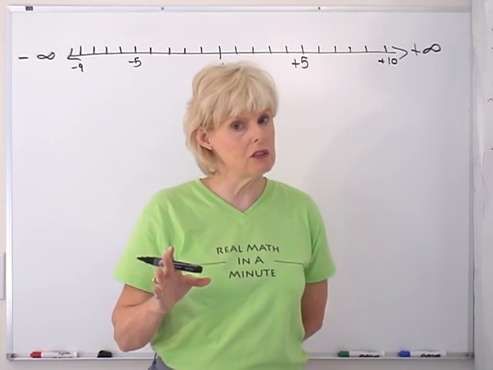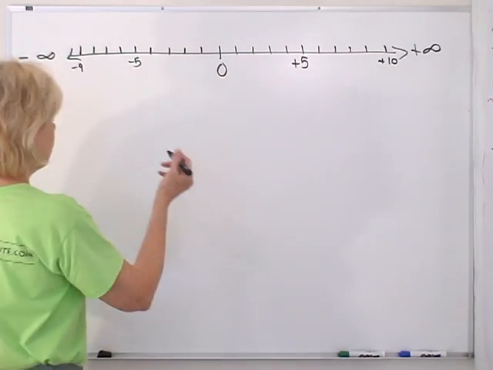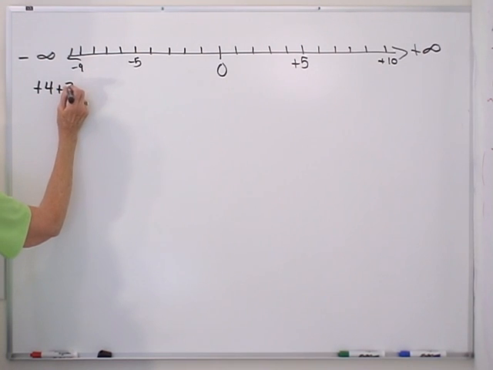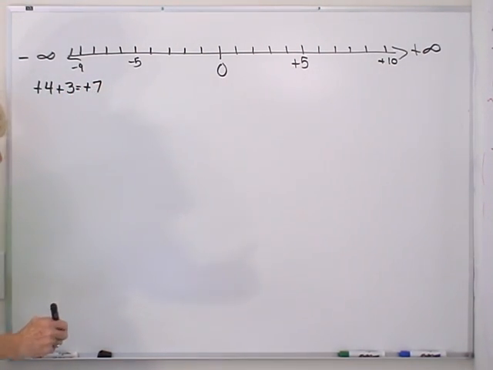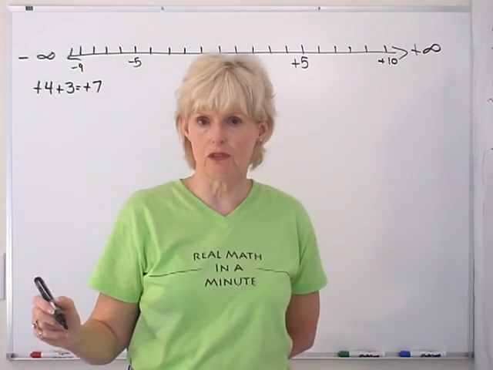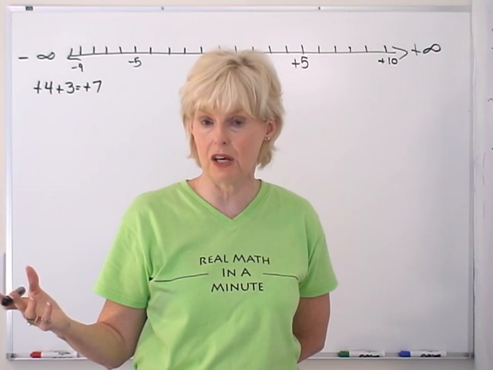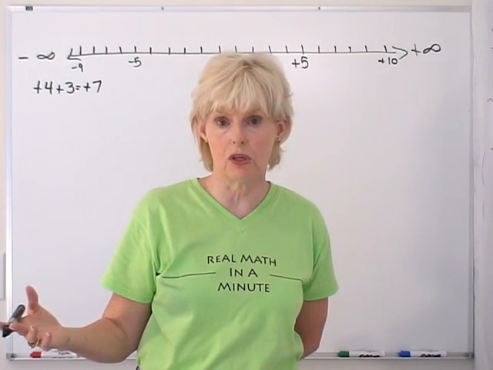So let's look back at arithmetic for a minute. You didn't need this so much in arithmetic. You would have something like positive 4 and positive 3, and you would probably put positive 7. The only difference is you wouldn't have written all those positives, because why write a bunch of signs if you really don't need to? That's my idea of the smart way to work this.